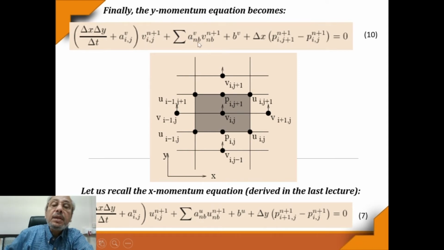A and B are respective coefficients of eastern neighbor, western neighbor, northern neighbor, and southern neighbor.